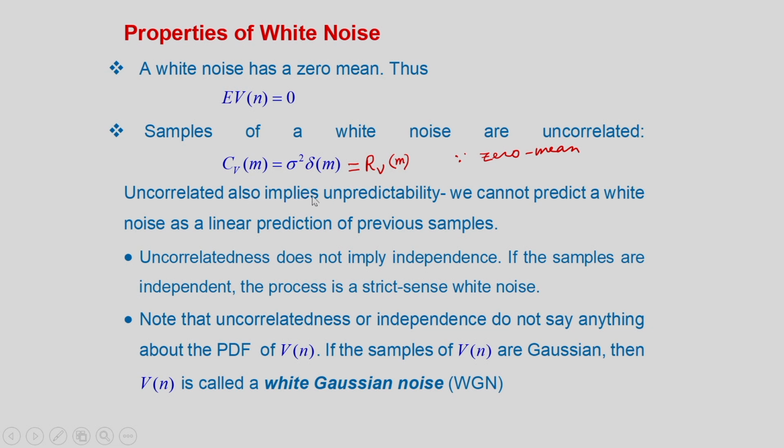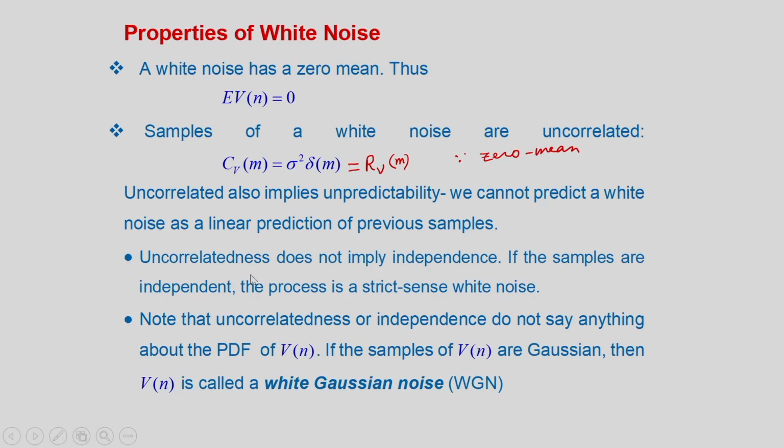Uncorrelated also implies unpredictability. We cannot predict a white noise as a linear prediction of previous samples. Uncorrelatedness does not imply independence. Only in the case of jointly Gaussian random variables, uncorrelated implies independence.